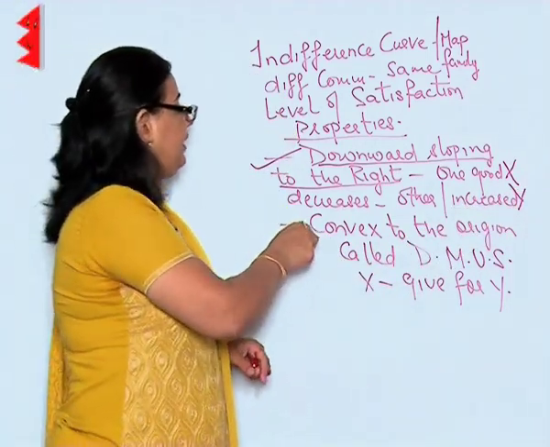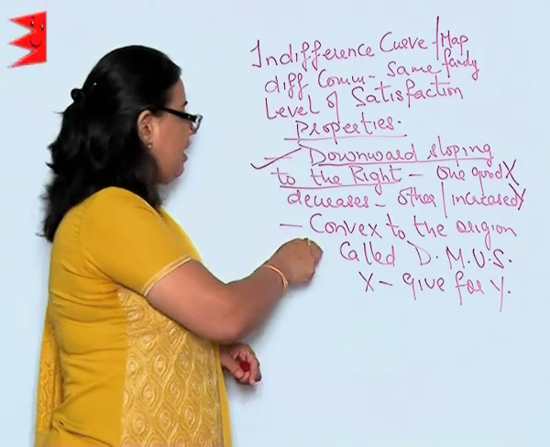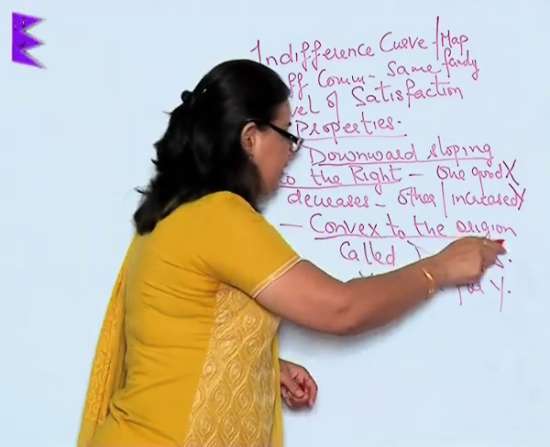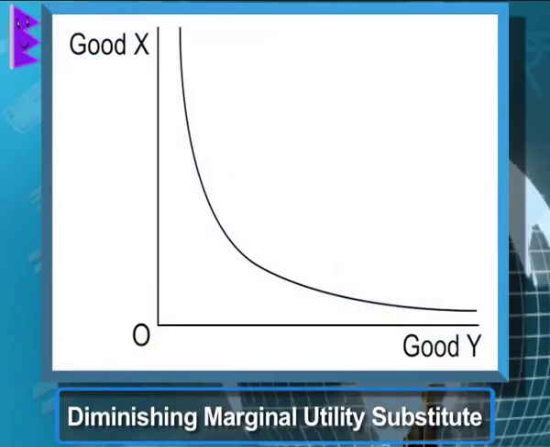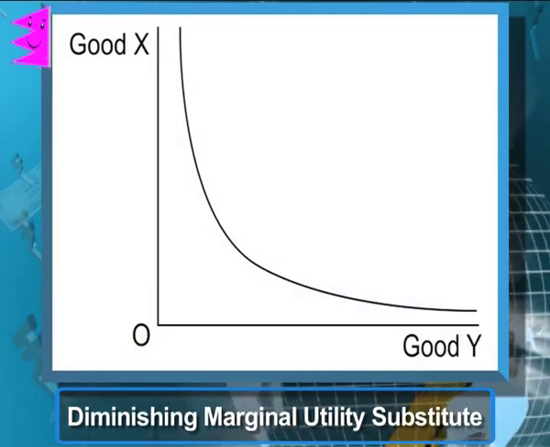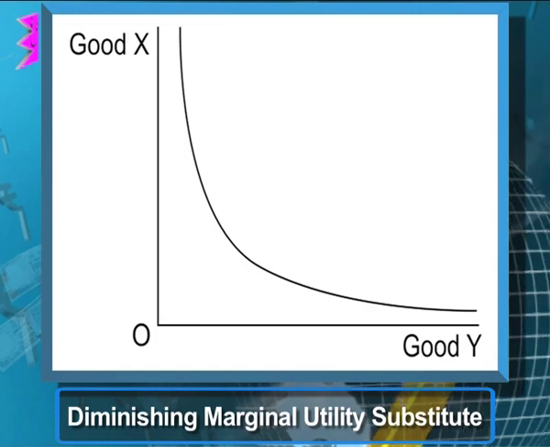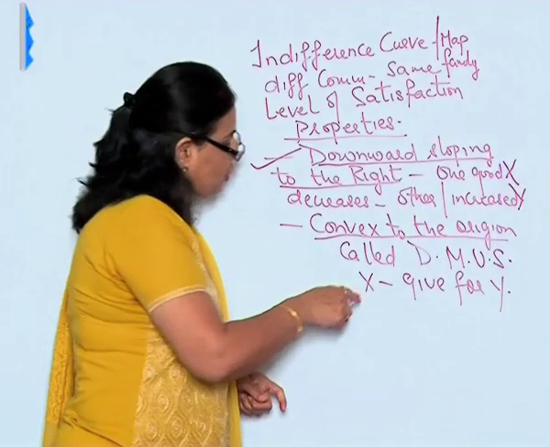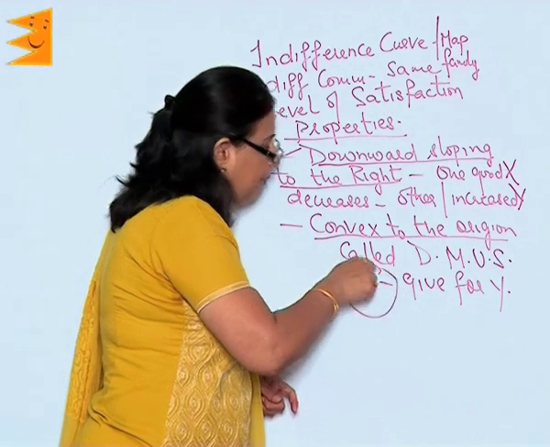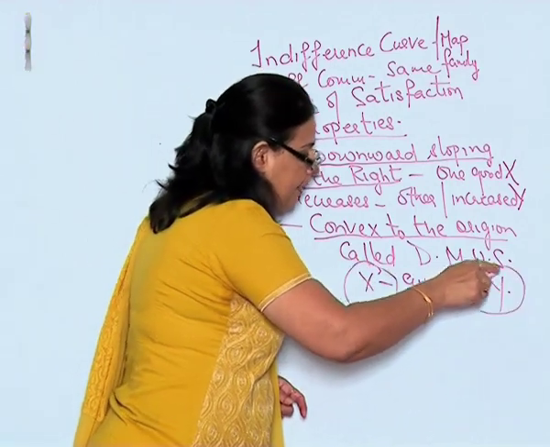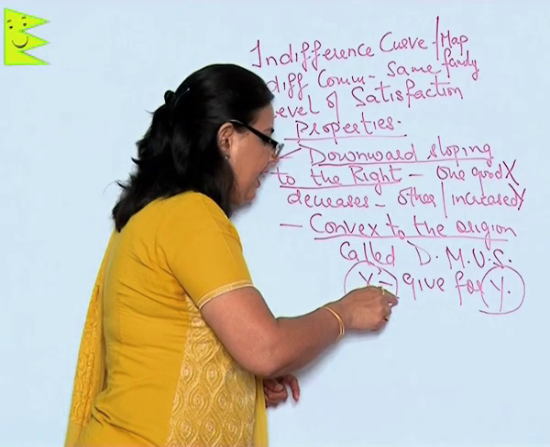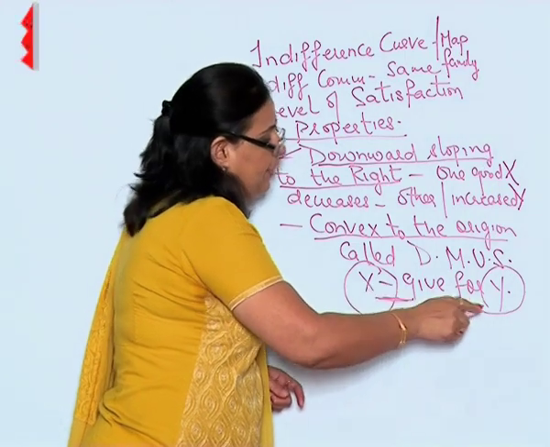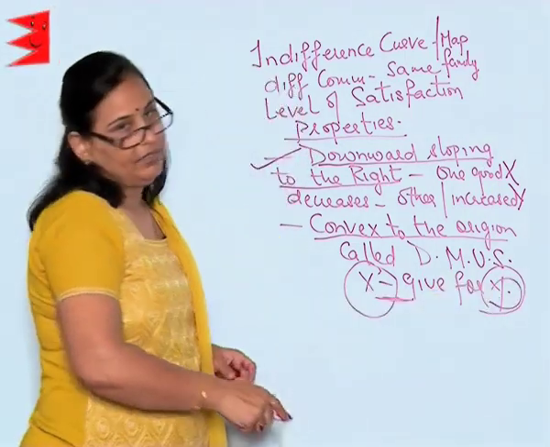Second, the indifference curve is always convex to the origin, and it is called the diminishing marginal rate of substitution. That is, how much can I give up to get another one? How much X can I give to get Y is this factor.